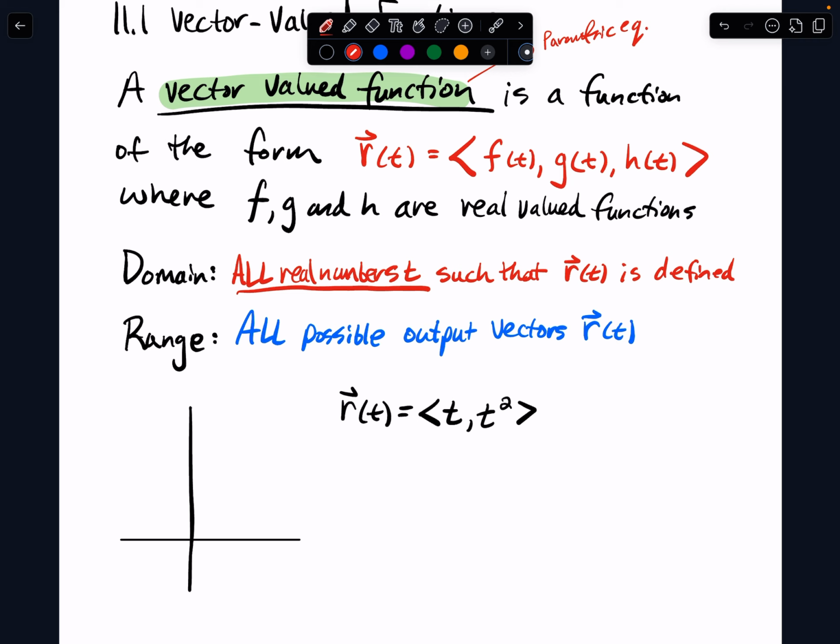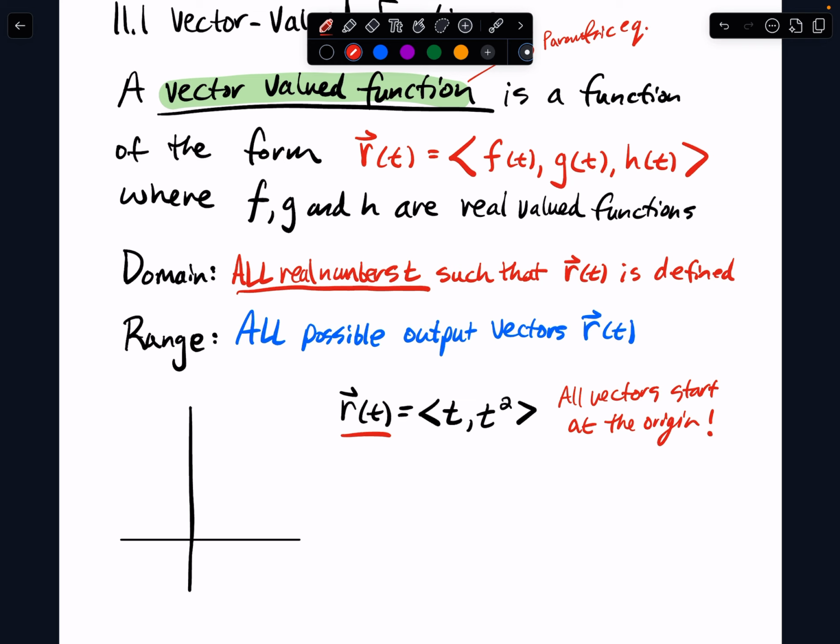Now, something to note about vector valued functions, all vectors start at the origin. Okay, all vectors start at the origin.